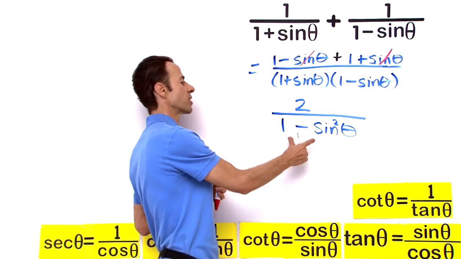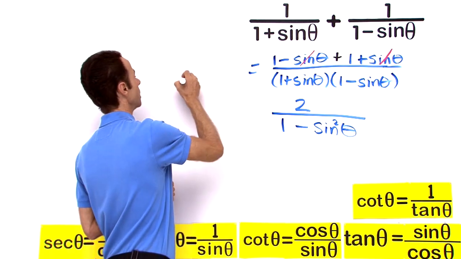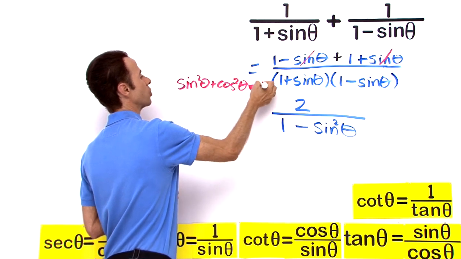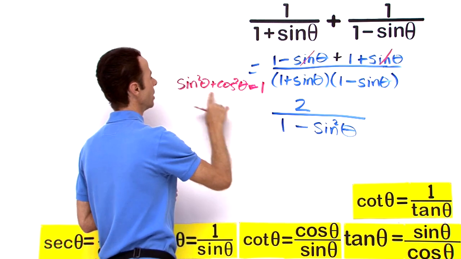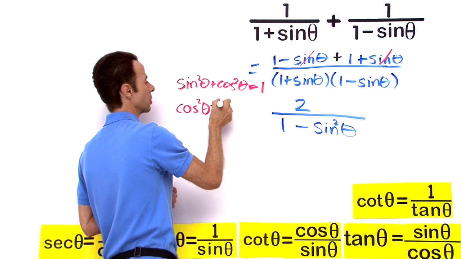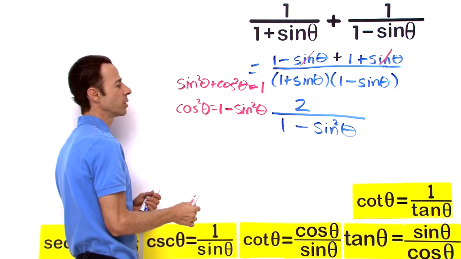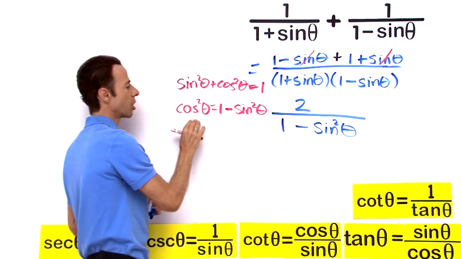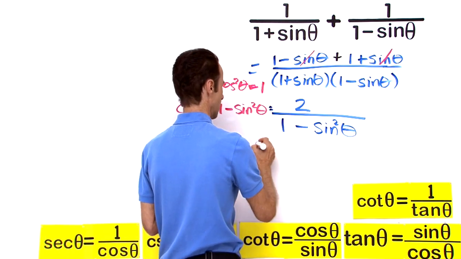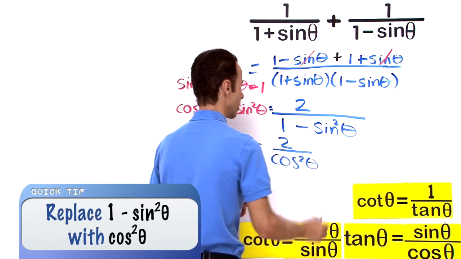So this looks like one of those Pythagorean identities, where you might recall sine squared theta plus cos squared theta equals 1. And we know that 1 minus sine squared theta equals cos squared theta. So we can replace 1 minus sine squared theta here with cosine squared theta, can't we? So this will equal 2 over cosine squared theta.